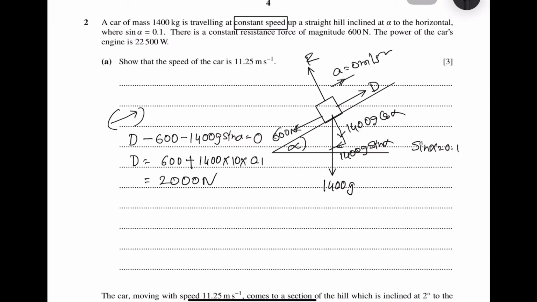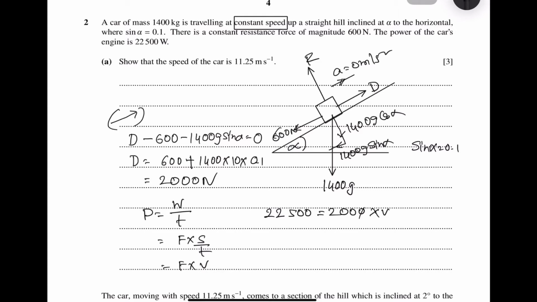We know that power equals work done per unit time. Work done is force into S by T. So P equals F into V. So let me write power here. 22500 equals force is 2000, driving force, and then V is there.